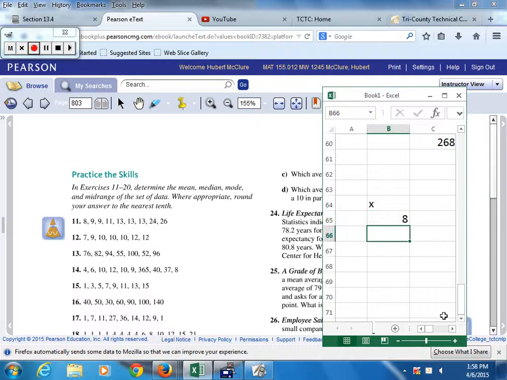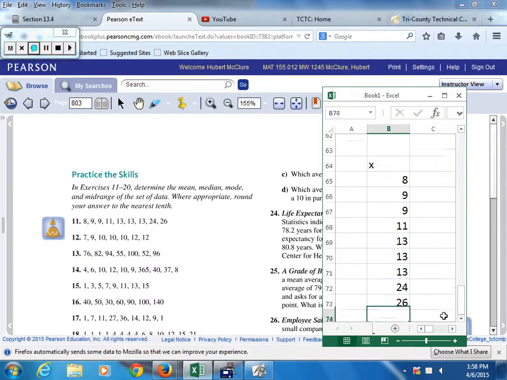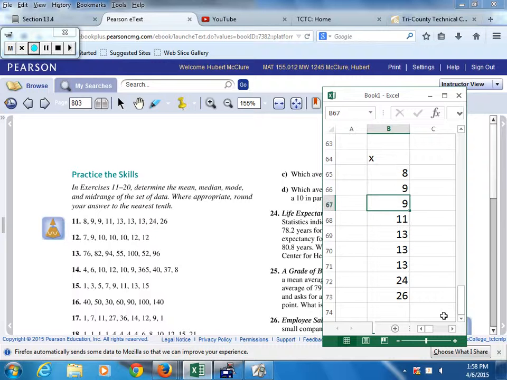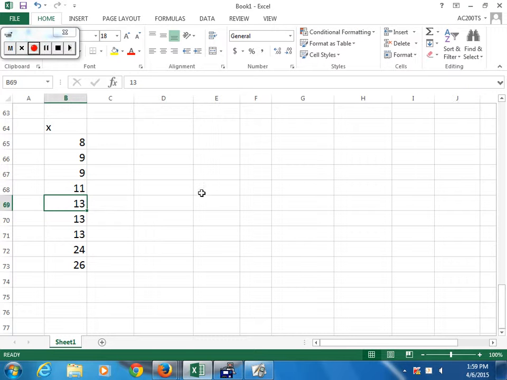Eight, 9, 9, 11, 13, 13, 13, 24, and 26. How many we got? 1, 2, 3, 4, 5, 6, 7, 8, 9. Great. That means we just pick the middle, and there's our median. If n is 9, we pick the middle, and that's our median.